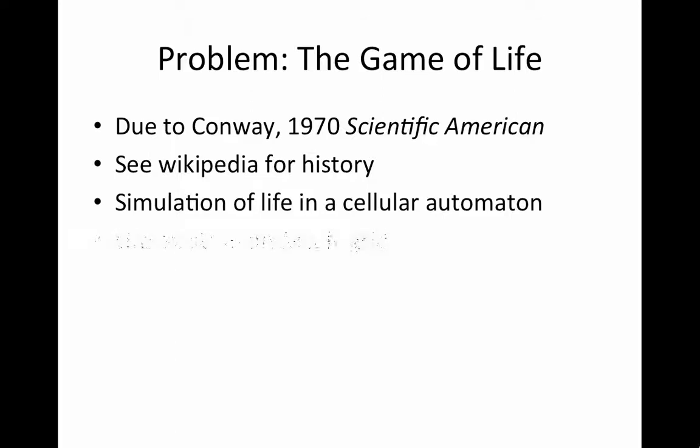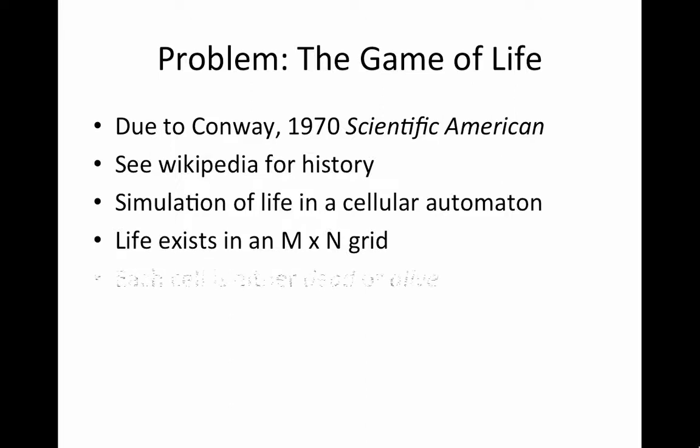What does that mean? Imagine that we have a grid, an m times n grid, and each square of the grid has a cell. Now, each cell can either be dead or alive, and we have rules that say what conditions make a cell dead and what conditions make the cell alive.